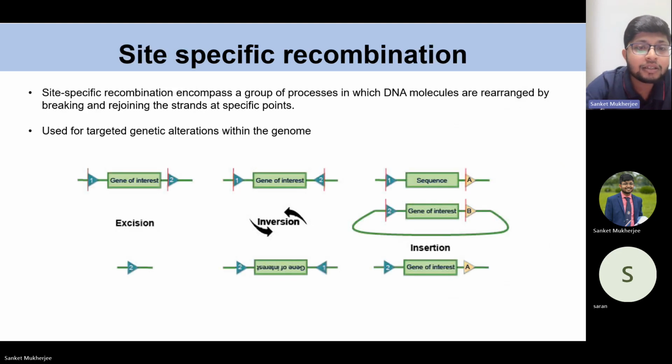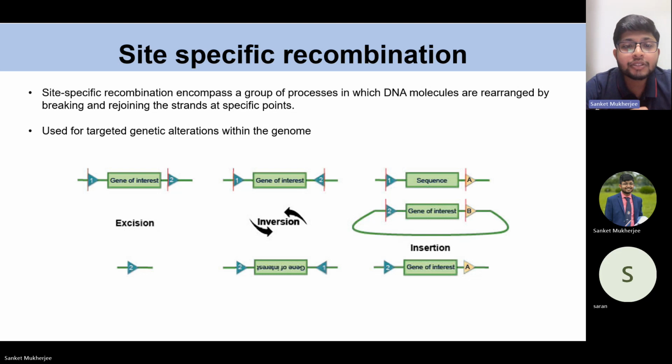So let's see, in lecture 2, we talked about site-specific recombination. What happens in this case is that the specific site in a chromosome or a genome is the only part that is recombined. The rest of the genome is not involved in recombination.